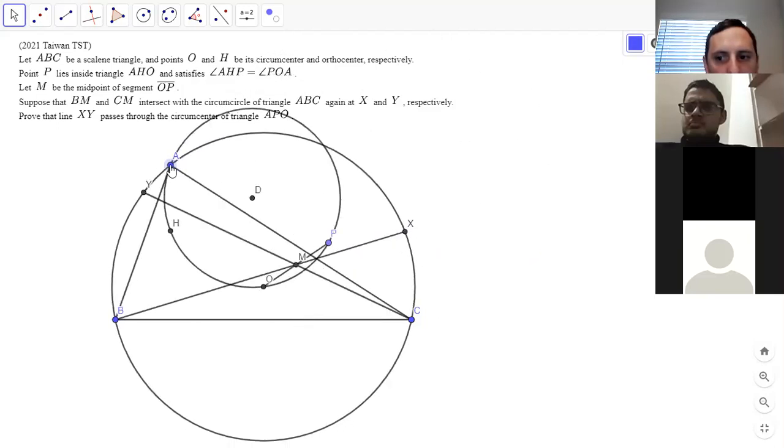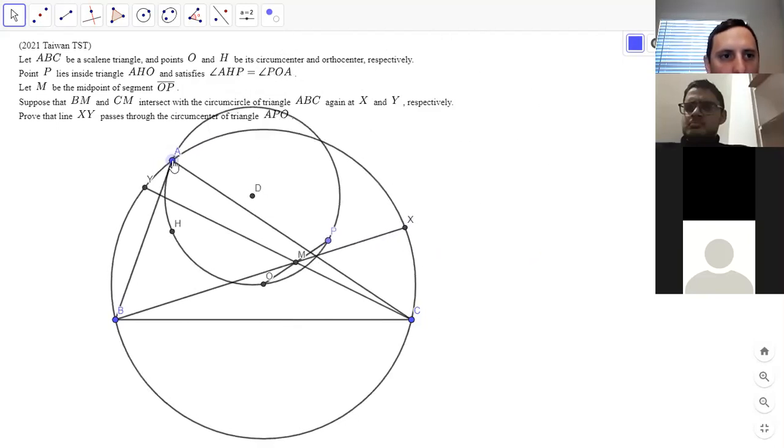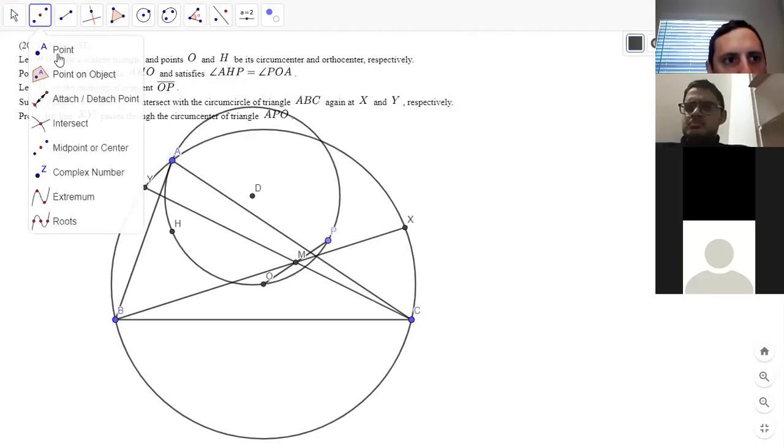That means we just need to draw some circle through points H and O that cuts AH and AO at two points, let's say E and F, and the intersection of OE and HF is point P. Okay.